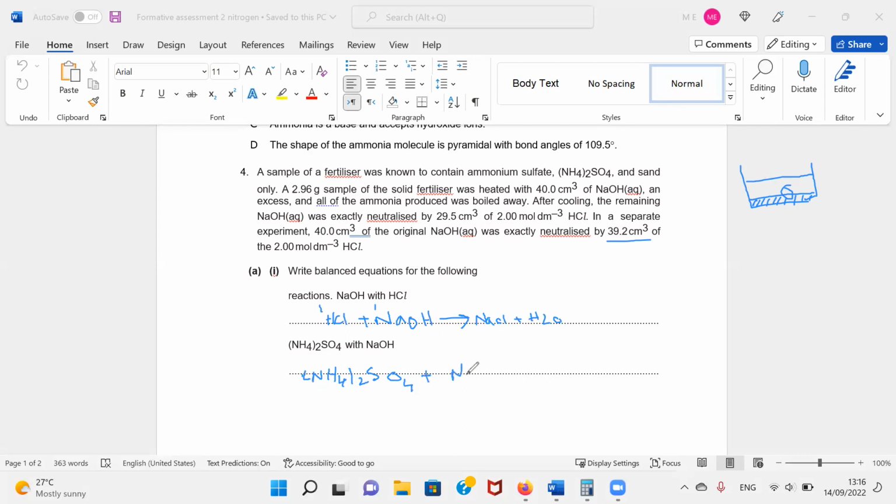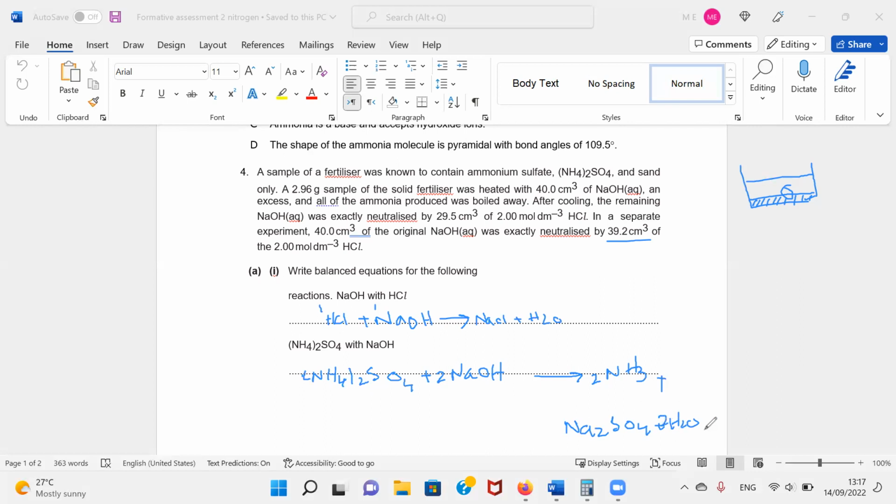ammonium sulfate plus sodium hydroxide will give ammonia, water, and sodium sulfate. Plus H2O. The second equation isn't balanced. So basically, if you add 2 here, and 2 here, and 2 here.